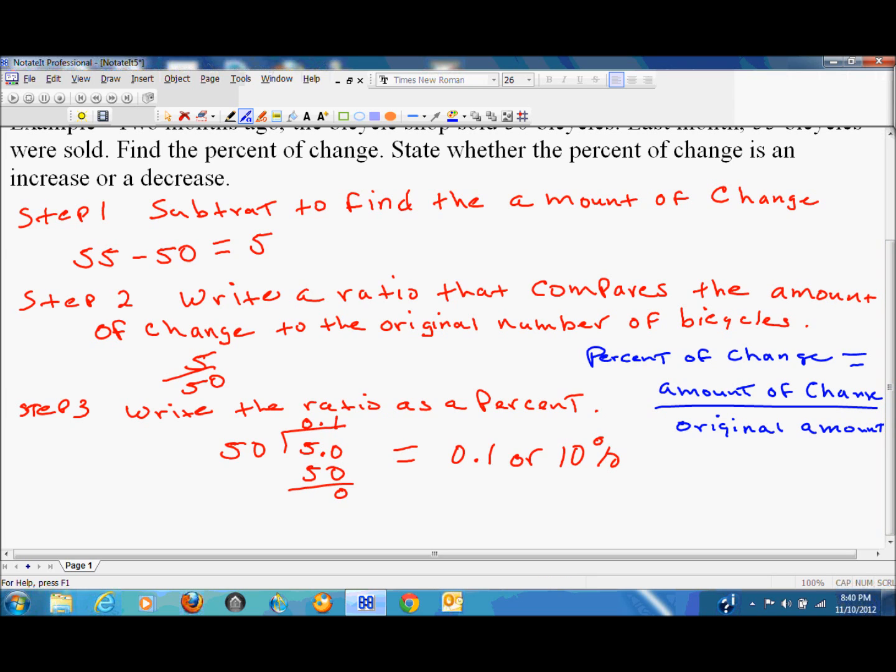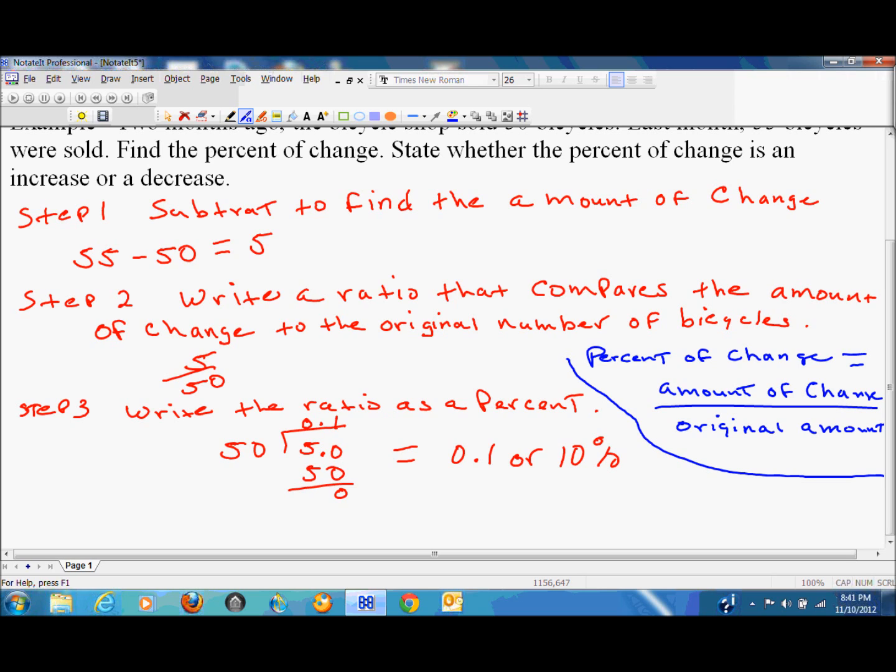Okay, again, percent of change formula. Here it is, right here. I keep putting my hand on that little button. Percent of change formula is percent of change is equal to the amount of change over the original amount.